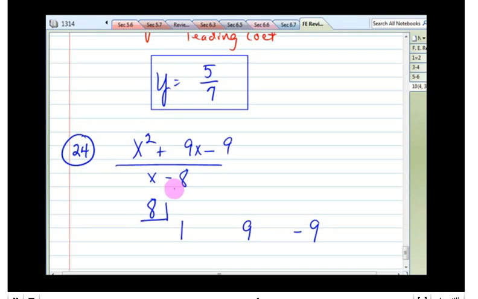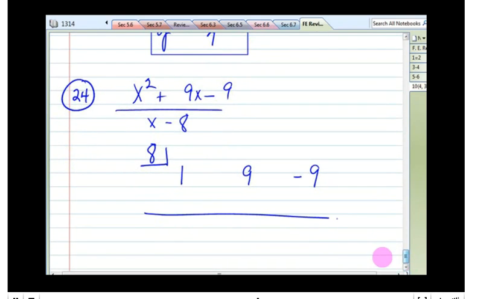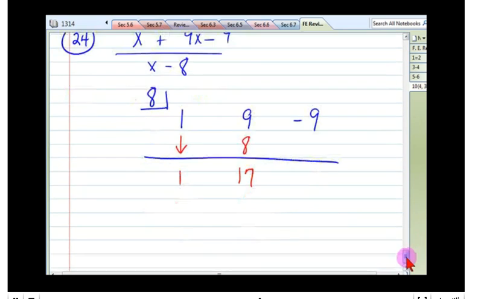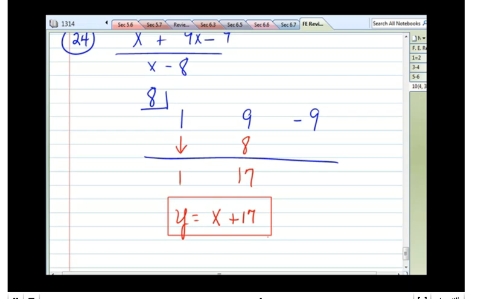We change the sign if it's in that form. So bring this guy down. We have a 1. 1 times 8, 8. 9 and 8 is 17. We're not worried about the remainder at all. So your answer is, because it'll be an equation of a line, y equals x plus 17. So that's not so bad if you're using synthetic division. Okay? Good?